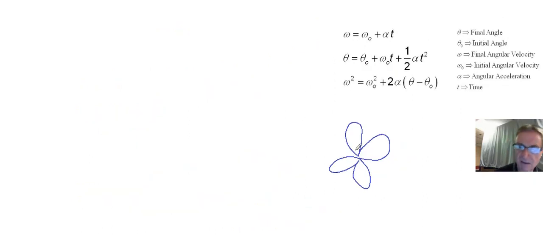All right, so in this problem we have another thing that looks like a flower, but this time it's a cooling fan. It says a cooling fan is turned off when it is running at 850 revolutions per minute. So the initial velocity is 850 revolutions per minute, and we're clearly going to have to convert that to radians per second.